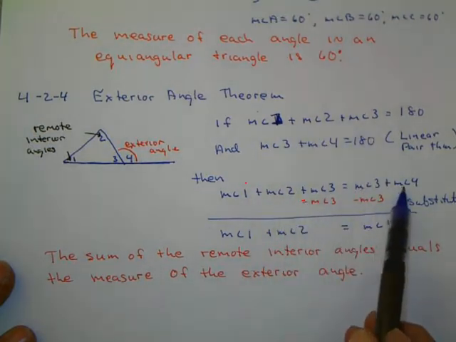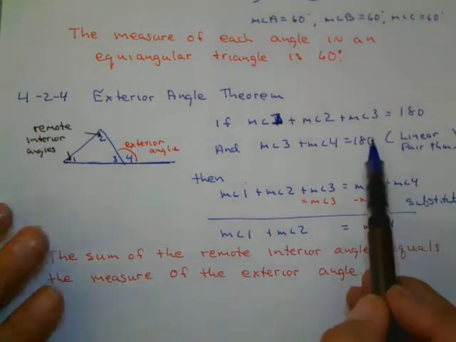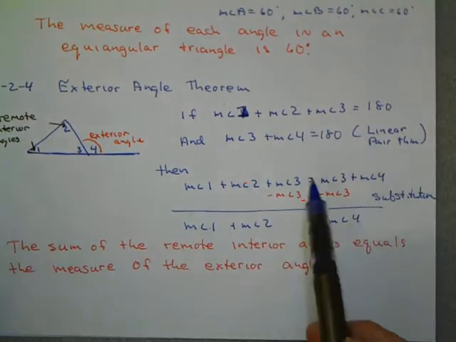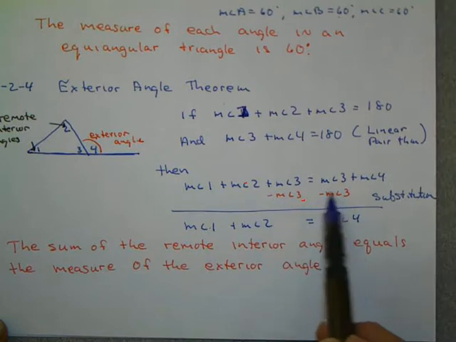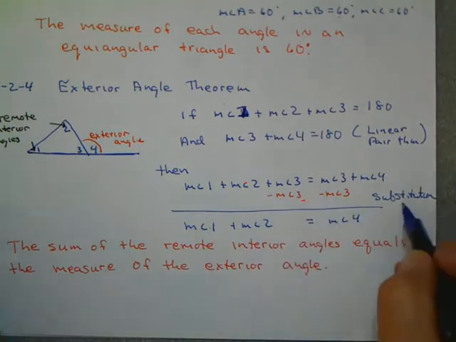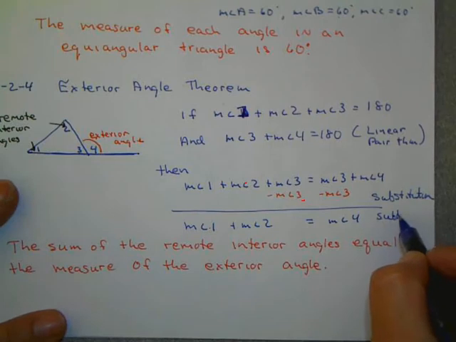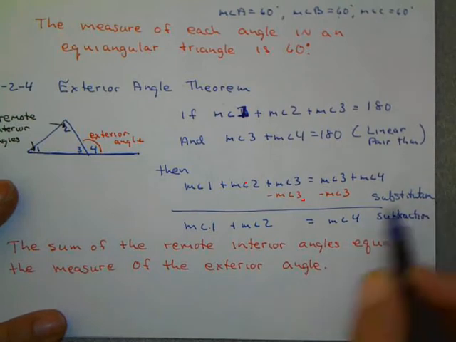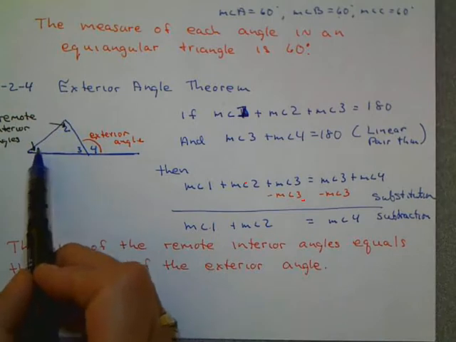Okay? And if I do that, I take away the measure of angle 3 from both sides. That's just my subtraction property of equality. And I'm left with this angle plus this angle equals this outside angle, this exterior angle.